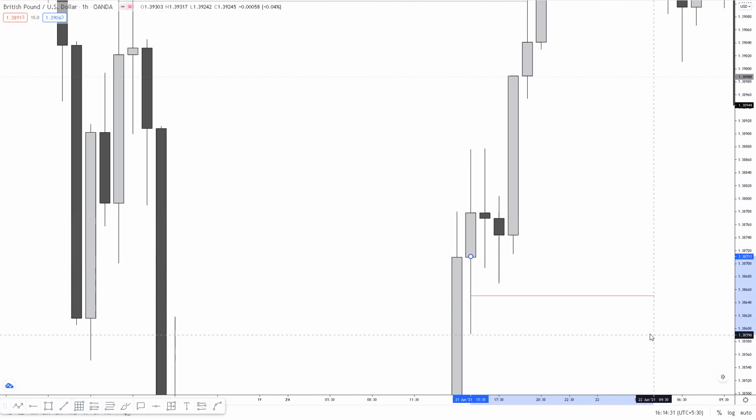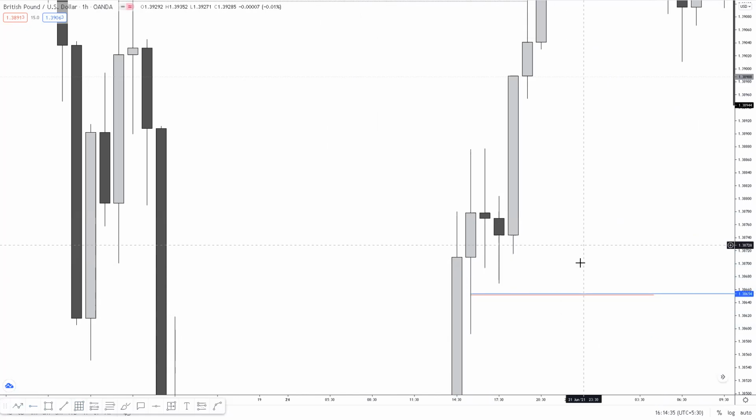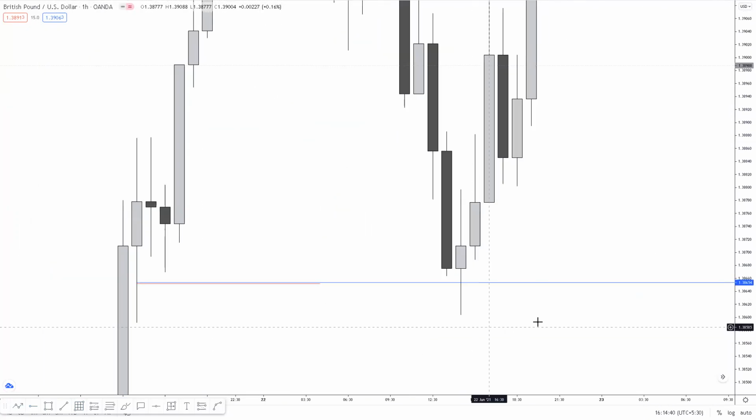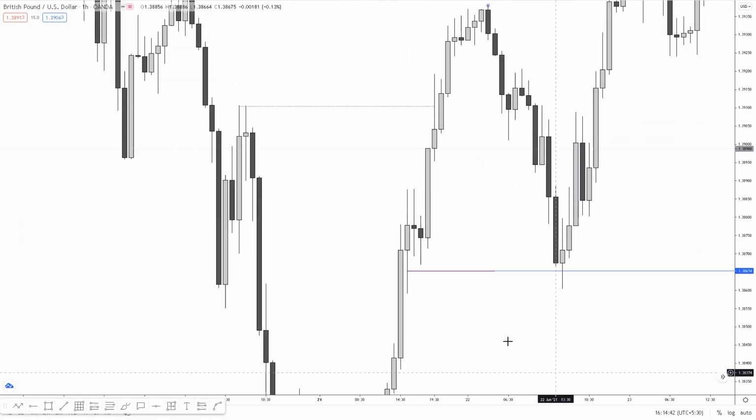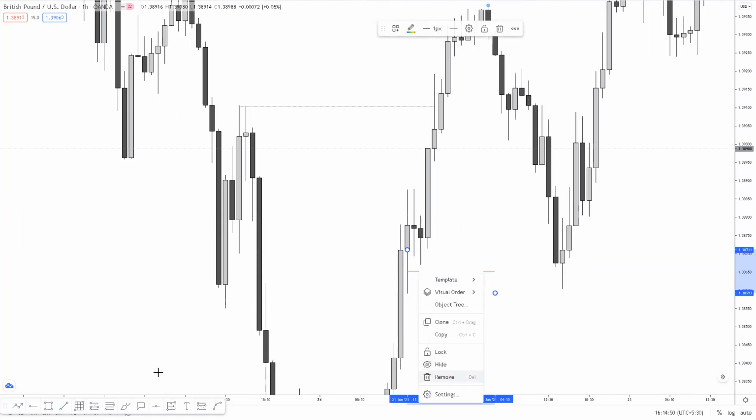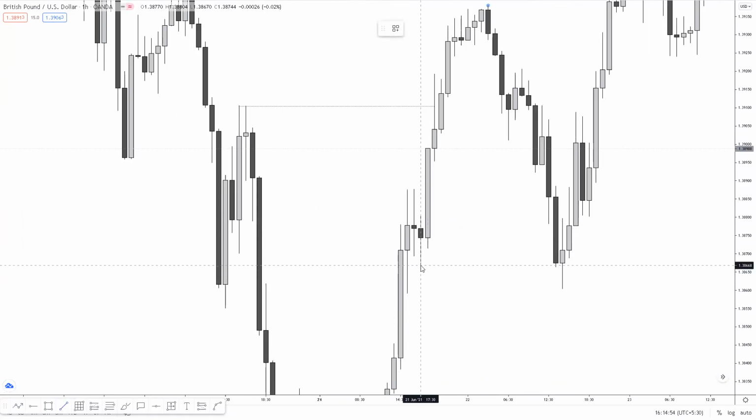I'll wait for price to get into this 50%, and then you see that this has been taken out. Once I see this, I know for sure this will be taken out. I'm 100% sure this order block will be taken out because of all that liquidity. You see that?